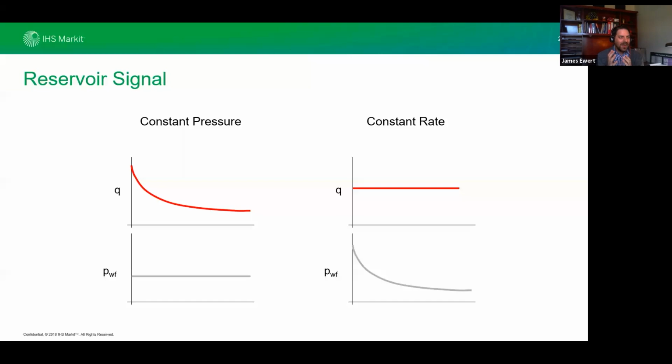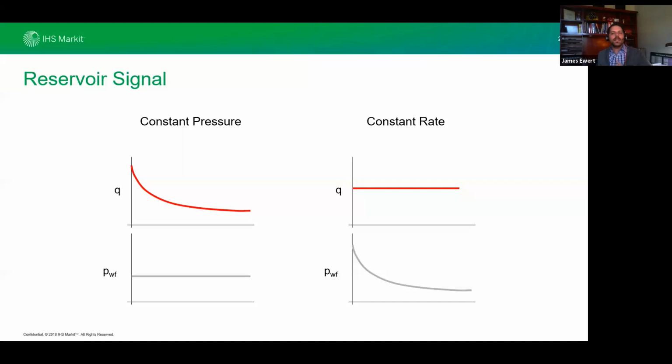Sometimes when I think about reservoir signal, rates and pressures, I try to think of it in terms of what people talk about when they're talking about outer space. This might sound weird, but space-time, right? If we were all going to meet for a cup of tea somewhere, we could choose the location, and that's great. But if we don't say the time, that doesn't work for us because we're only getting half the story.